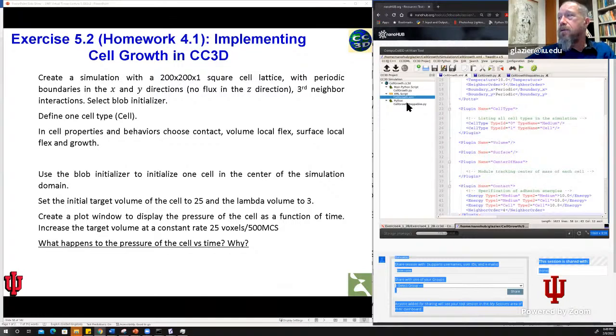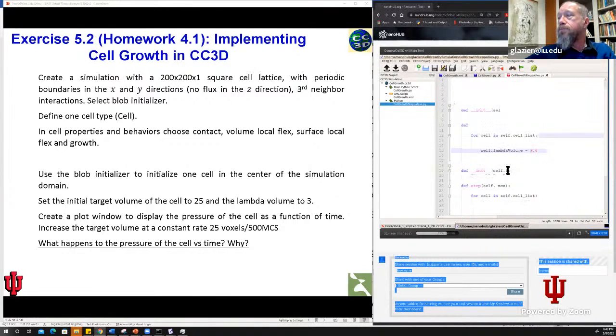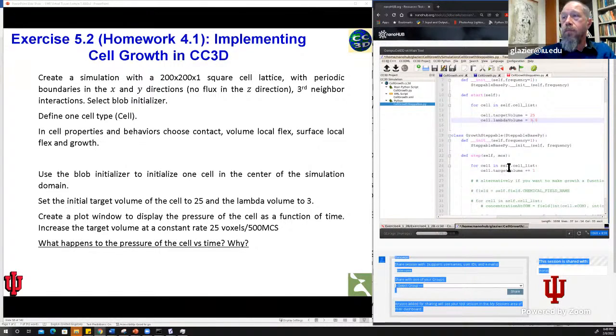And then in the cell growth steppable, I said set the initial target volume to 25 and lambda volume to 3. And then it asked us to have the cells grow at a rate of 25 voxels per 500 Monte Carlo steps.